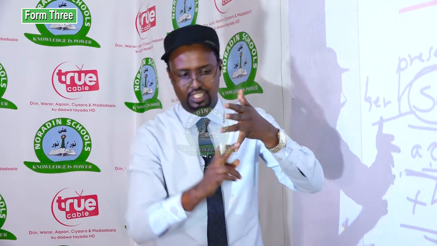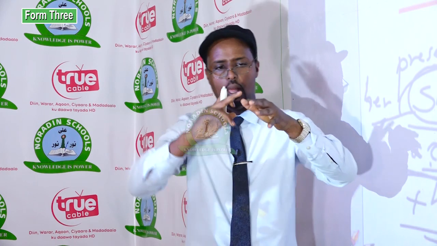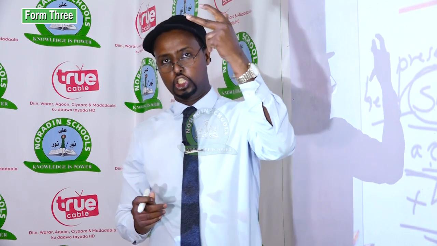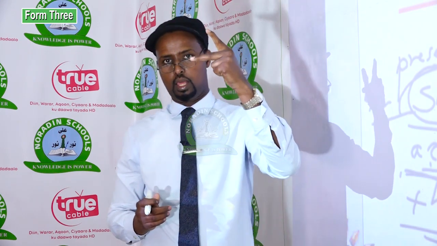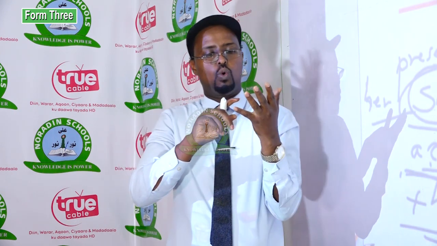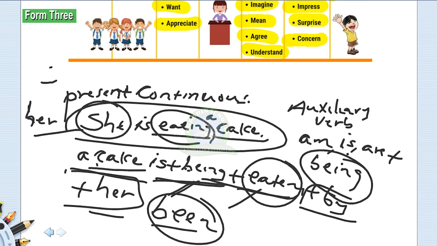How many tenses I have listed? Present continuous tense, present simple, past simple, simple future, past continuous, present perfect, past perfect, and finally I came to what? Future perfect. Future perfect has how many auxiliary verbs when it's active?